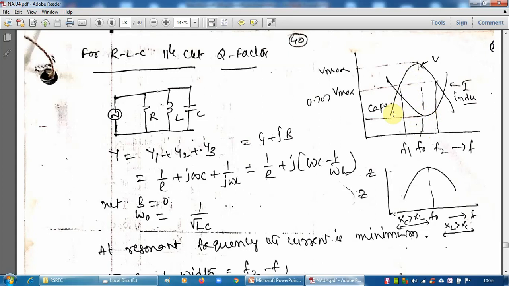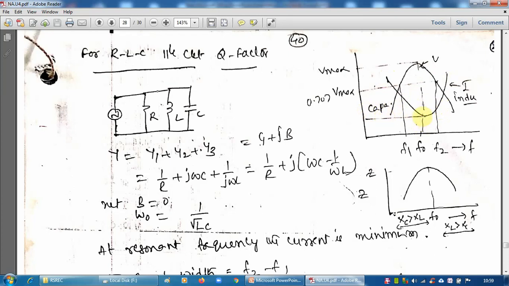In the previous case, as the current was like this, we took this range, this portion. Now the current response is the opposite, so we will take this range. Again, range means we take this value.